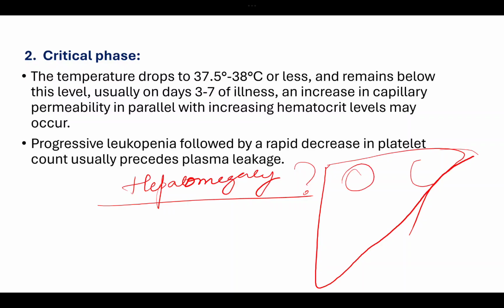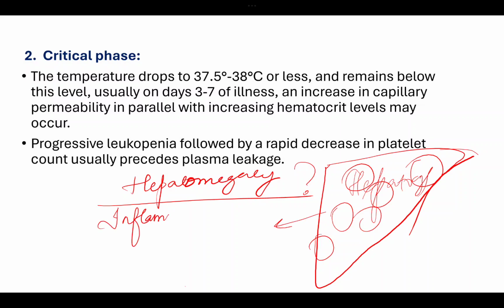The dengue virus will infect the hepatocytes and the Kupffer cells, and the liver becomes inflamed and enlarged. The inflammation occurs when the virus affects the hepatocytes and Kupffer cells. Inflammation occurs, enlargement occurs, and this inflammation and enlargement lead to the stretching of the Glisson's capsule.